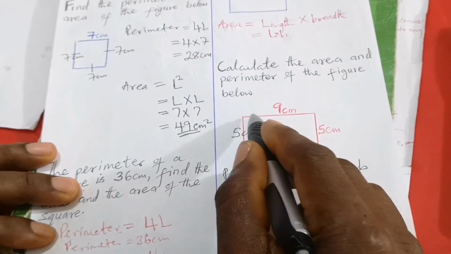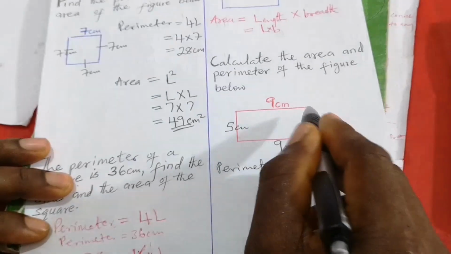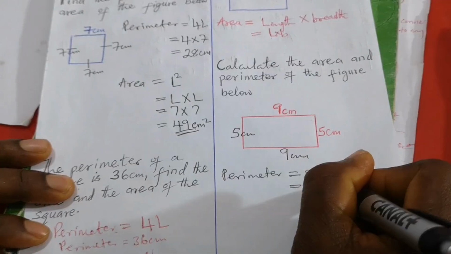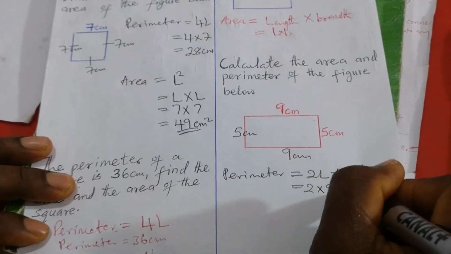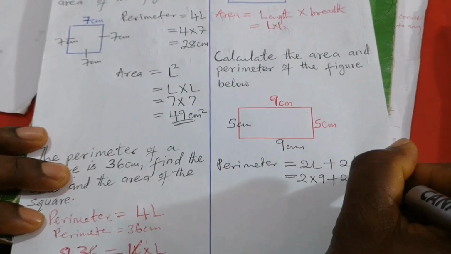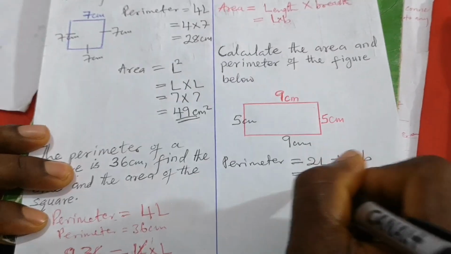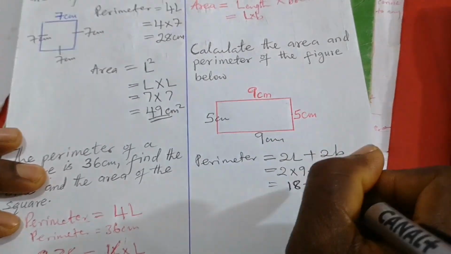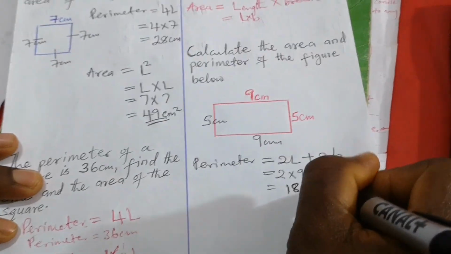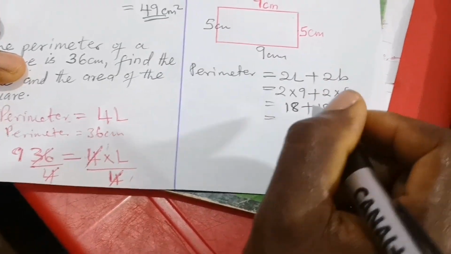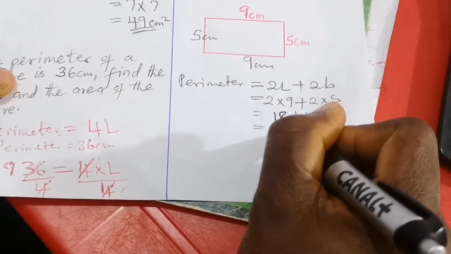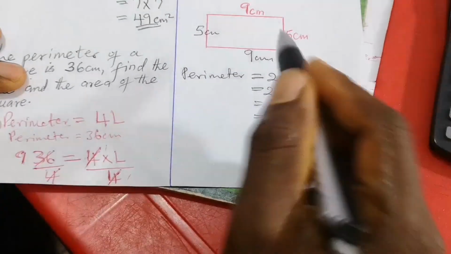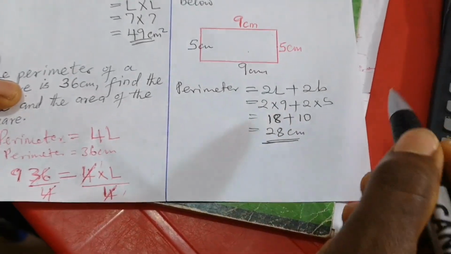Since we have the length as 9 and the breadth as 5, we write 2 times 9 plus 2 times 5. 2 times 9 is 18, and 2 times 5 is 10. 18 plus 10 is 28 cm. So this is the perimeter of this rectangle.